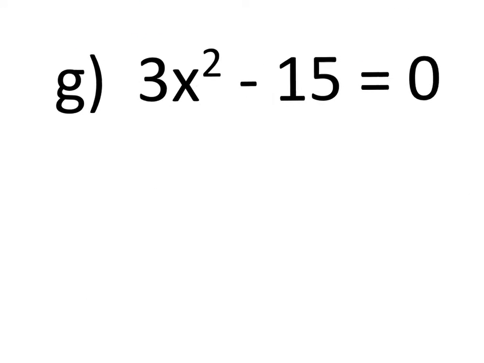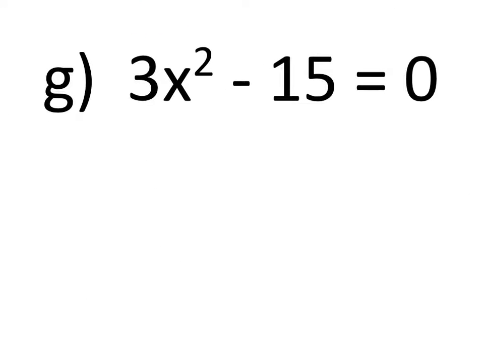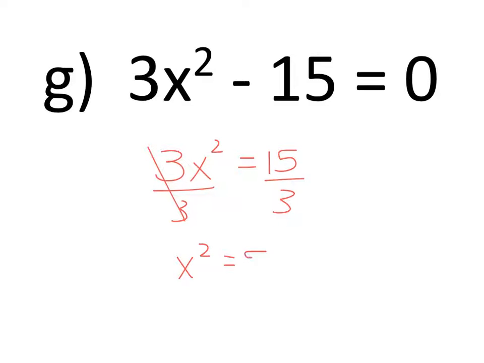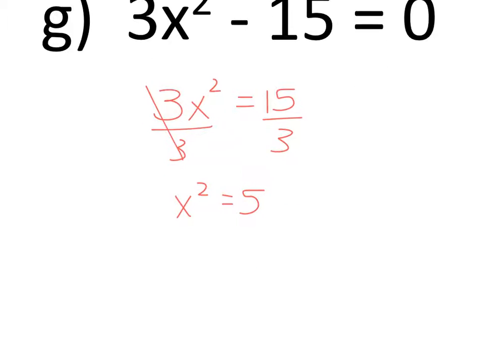Okay, so on this one, isolate that variable. I'm going to start by adding the 15x over to the other side. So I'm going to get 3x squared equals 15. I'm going to divide everything by 3, isolating that variable. So x squared equals 5. Now I'm going to square root both sides and get x equals plus or minus 5. Oh, I forgot my square root.